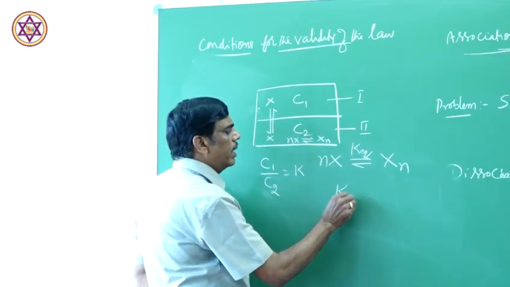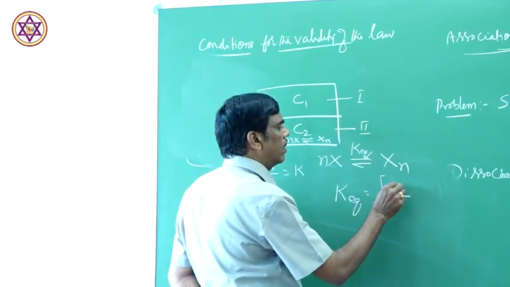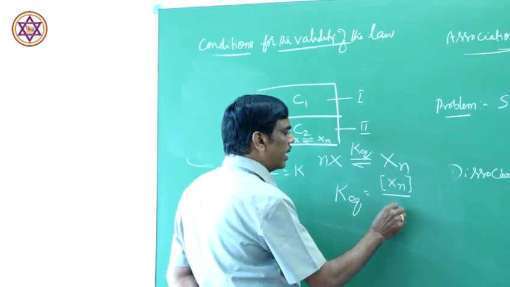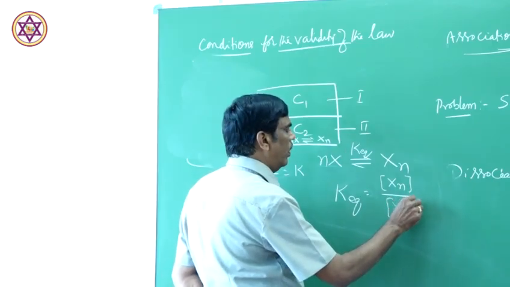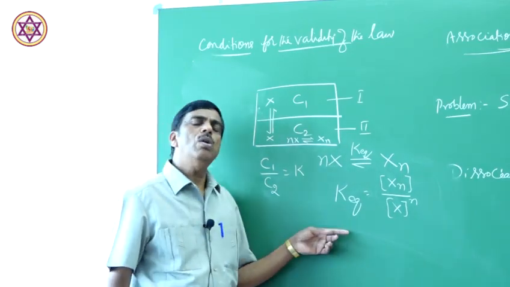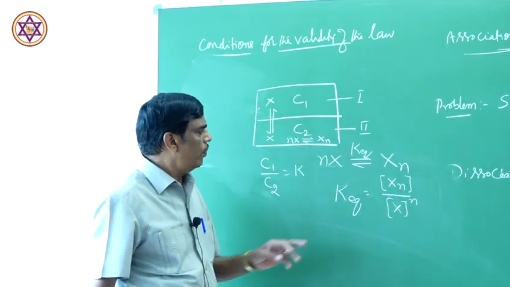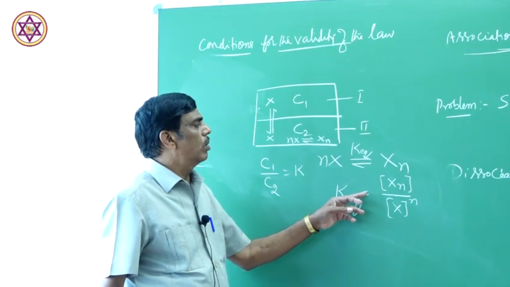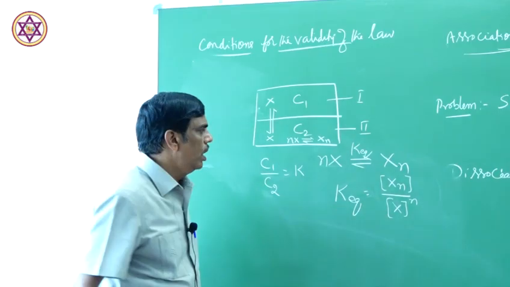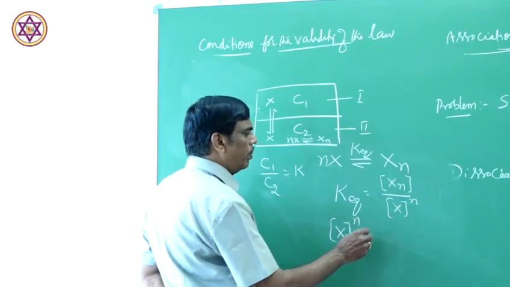So, the equilibrium constant K is equal to the concentration of the product Xn divided by the concentration of the reactant, X to the power n. According to the law of mass action, the rate of reaction is directly proportional to the concentration of the reactants. Therefore, K equals the concentration of Xn divided by the concentration of X to the power n.